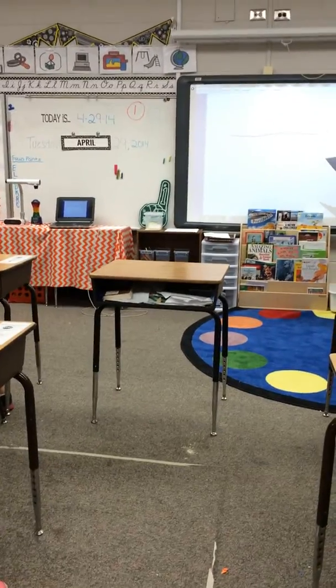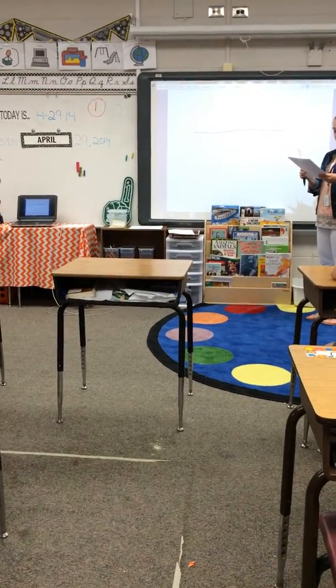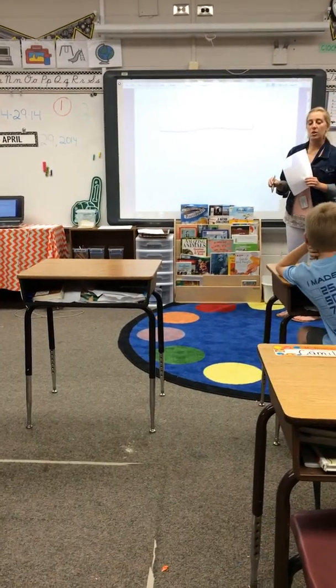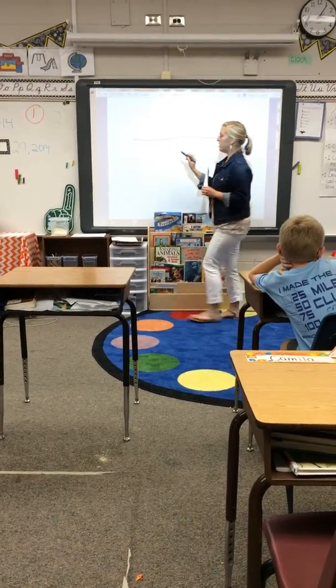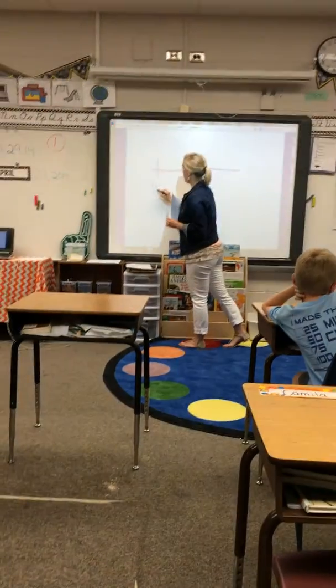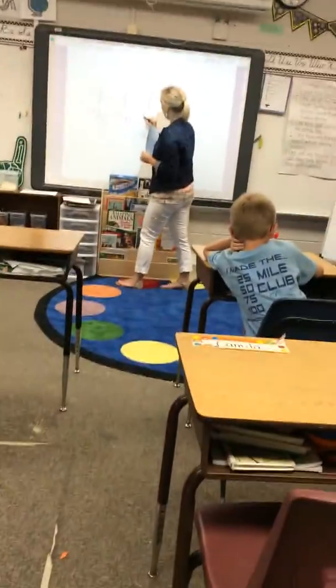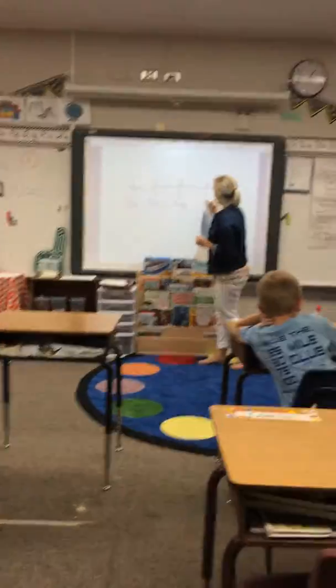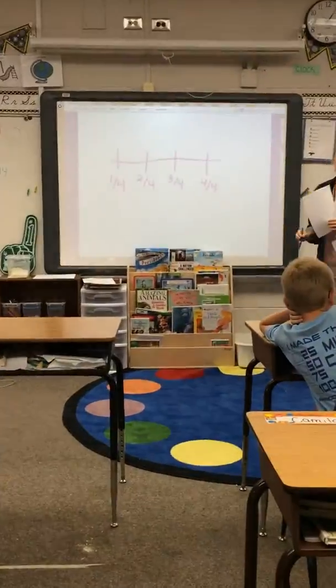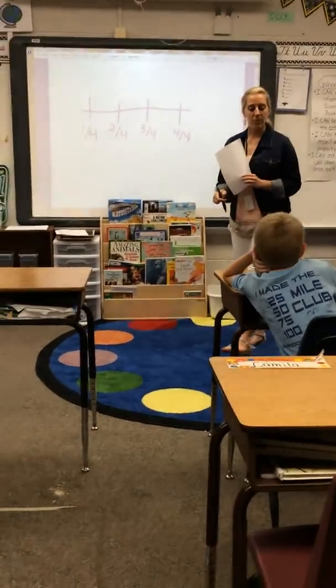And I want you guys to label your fraction. We're going to do 4/4, just like we did up here. So let's start out and we'll say 1/4, 2/4, 3/4, and 4/4. Okay, so everybody make your fraction line right here. All the way up to 4/4. Good.